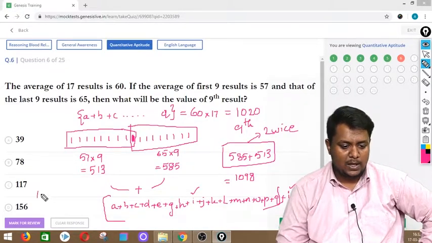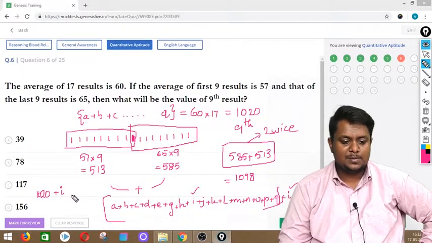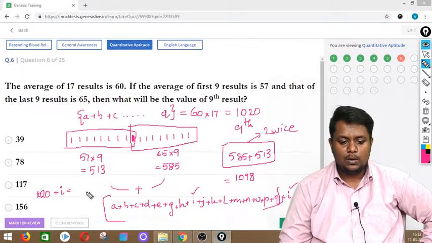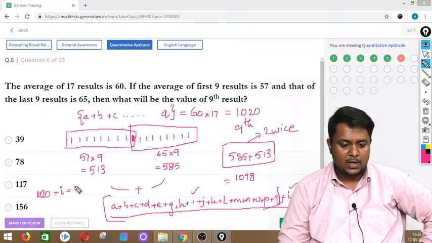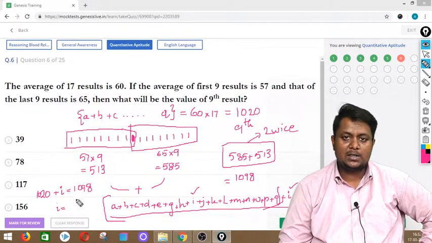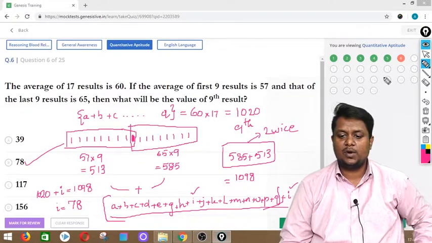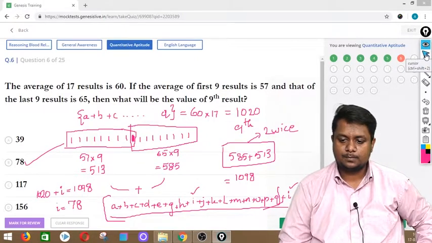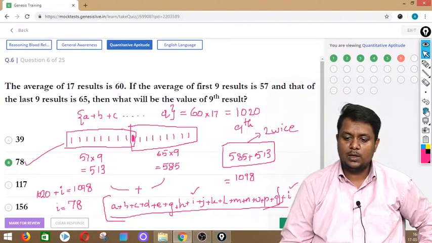Now, 1020 plus the ninth subject I is equal to the whole thing, 1098, right? So the ninth subject mark is 1098 minus 1020, which is 78. So we have to mark option B as the right answer for this question. We will mark option B, and let's move on to the next question.